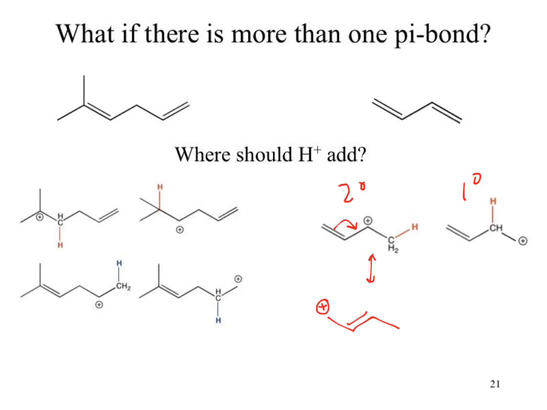So this is now going to depend on evaluating kinetics versus thermodynamics. If we have more than one pi bond, we have to start thinking a little bit more carefully about what's happening. What is our primary difference between A and B?